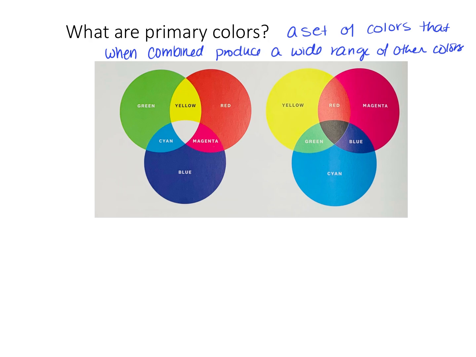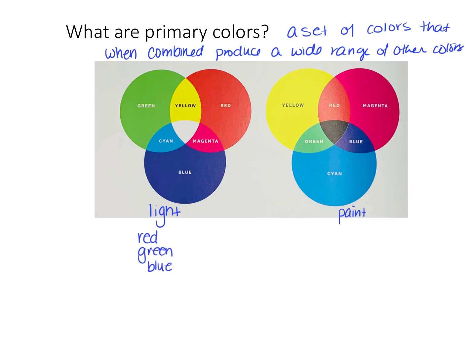So we are going to follow the convention of most of the color theory that's taught today in naming the primaries. And we're going to break it up into either light or pigments, or paint. The primary colors for light are considered right now to be red, green, and blue.